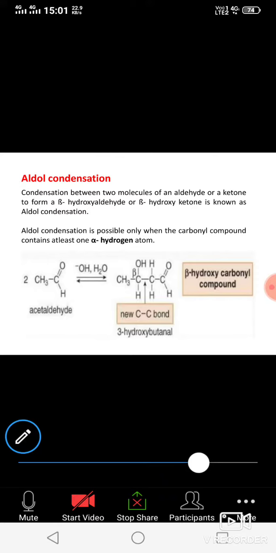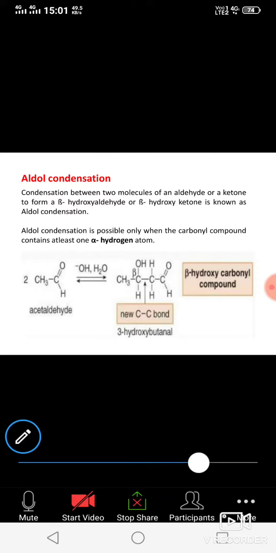There we studied that aldehyde having no alpha hydrogen will undergo the reaction and form the alcohol and the carboxylate ion. So in this case your carbonyl compound should have alpha hydrogen.